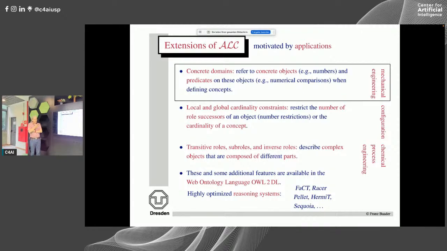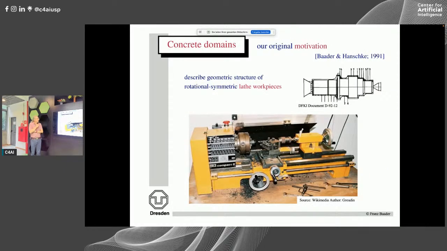Now I want to say a bit more about these concrete domains. So why did we want them and what happened there? The application we had at DFKI was actually to describe the geometric structure of rotation symmetric lathe workpieces. This picture is a picture of a lathe workpiece.